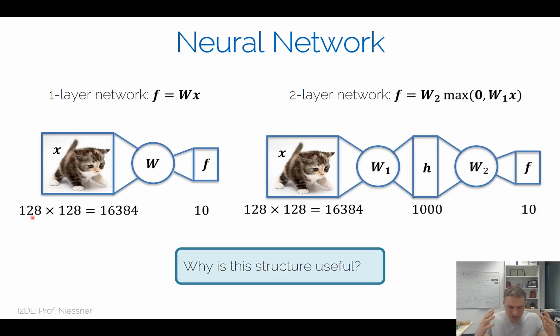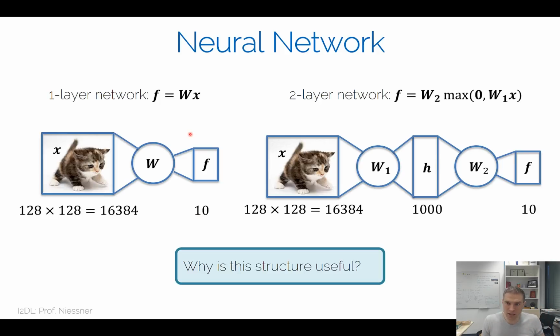But in practice, imagine that this was a linearized version of an image and we're just multiplying it with W. And what that means is that our W here has a dimensionality of 16,000 times 10, because that's what the output is. So each row of W has to be multiplied with this one here, and then we get one score output. We get one score function for each of these outputs.